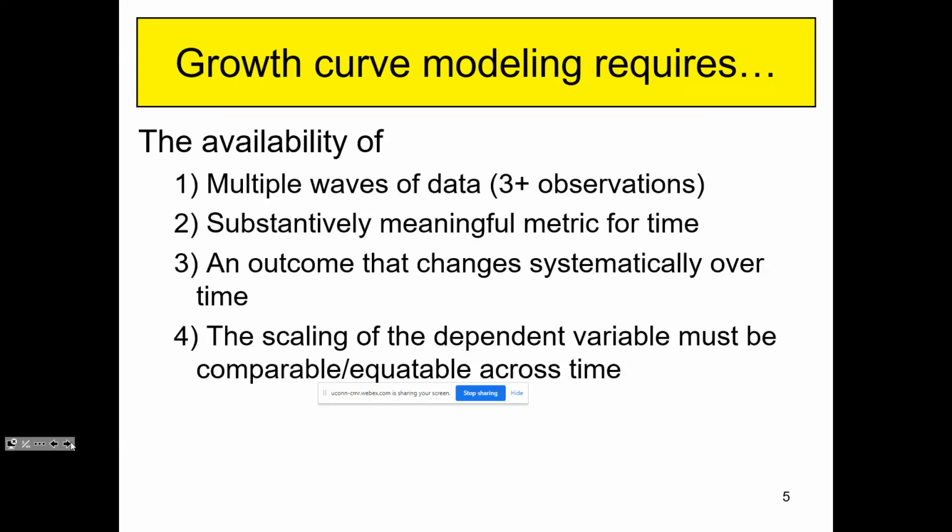And then you also have to be careful because things that might look like they're on the same scale aren't necessarily. This is kind of a goofy example, but my favorite example is let's say you're looking at spelling. You collect spelling test data from kids in schools, and they're taking spelling tests every week, and their score is the percentage of spelling words that they got correct that week.